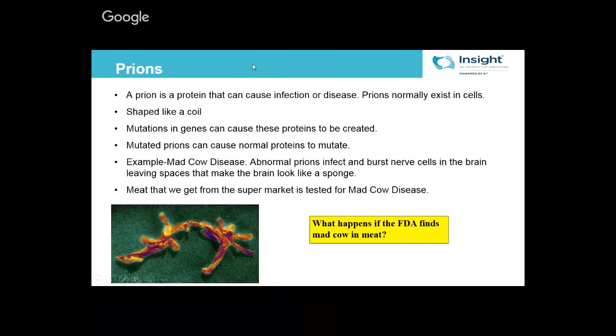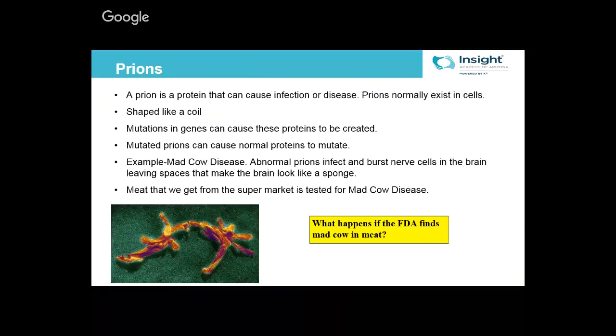So another piece of the puzzle is prions. And prions, there's also discussion about whether or not prions are considered to be alive, but we do classify them just like we classify viruses. They are a protein, so just like a small snipping of protein that really don't have a specific function in a cell, but they're floating around, and they can cause infection or disease.